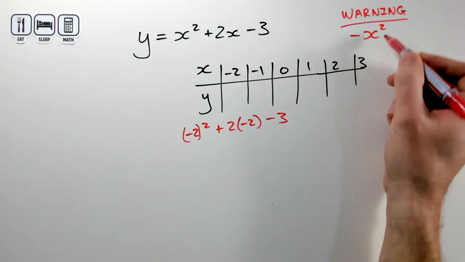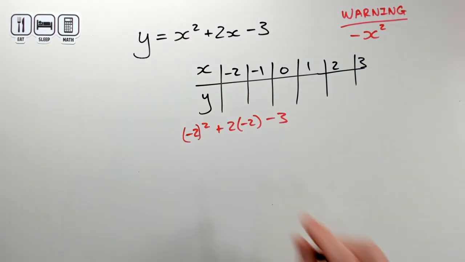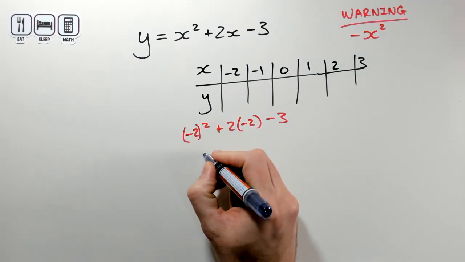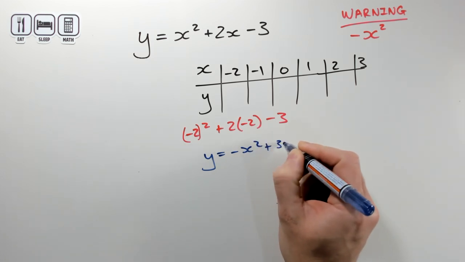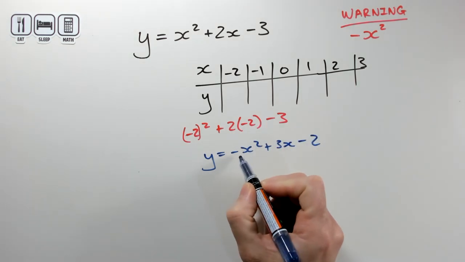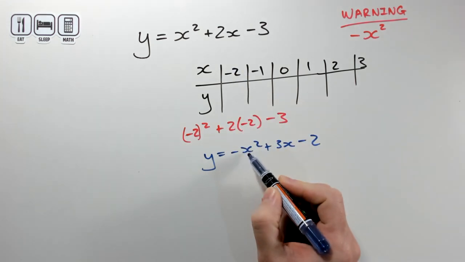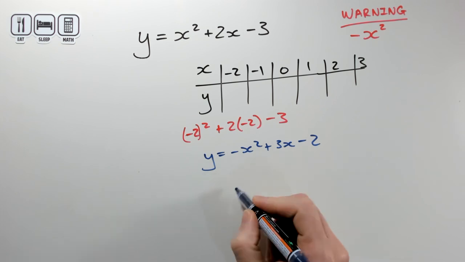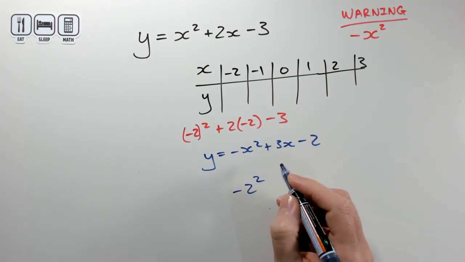And the same thing if there was a negative x squared. If there was a different function, let me get a different color here. Y is -x squared plus 3x minus 2 or whatever. If I put -2 in there and just typed it like I did -2 squared, I'd get lucky because that would be the same answer.